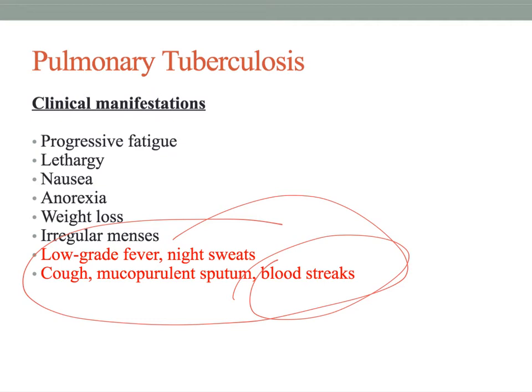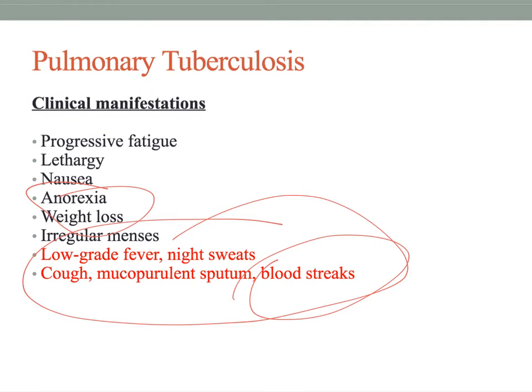The other one is anorexia and weight loss. Typically, that occurs with a TB. So if somebody presents with night sweats, bloody productive cough, anorexia, and weight loss, we will suspect that they have a TB.